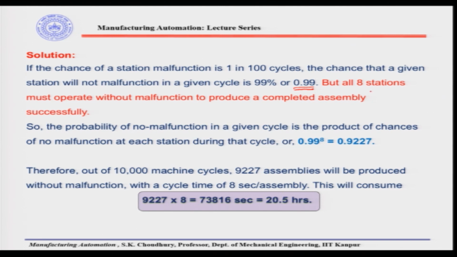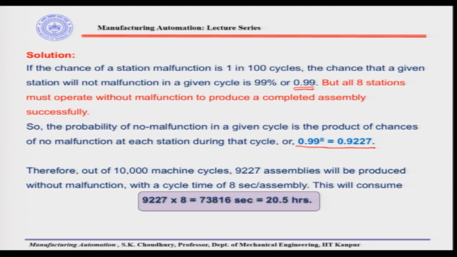All 8 stations must operate without malfunction to produce a completed assembly successfully. So, the probability of no malfunction in a given cycle is the product of the chances of no malfunction at each station during that cycle. There are 8 stations and the no-malfunction probability is 0.99. Therefore, the probability of no malfunction in a given cycle will be 0.99 to the power 8, to the power of the number of stations, which is 0.9227.